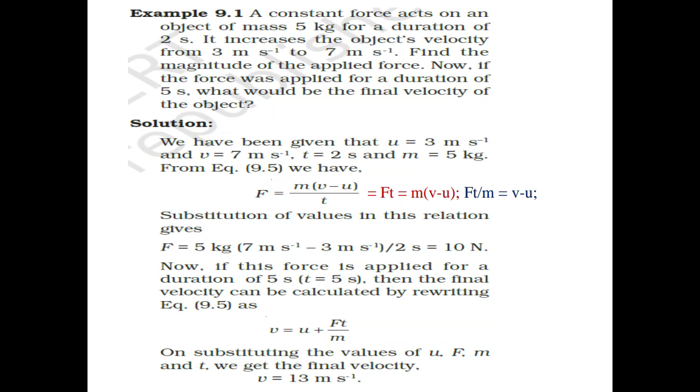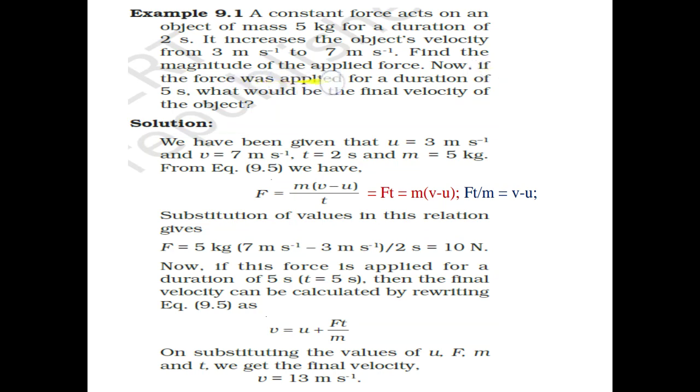As we know, when force is applied on an object, it changes its velocity. So in this case, velocity has increased from 3 to 7. So 3 was the initial velocity, u equal to 3, and 7 is the final velocity. Find the magnitude of the applied force. We have to find force.